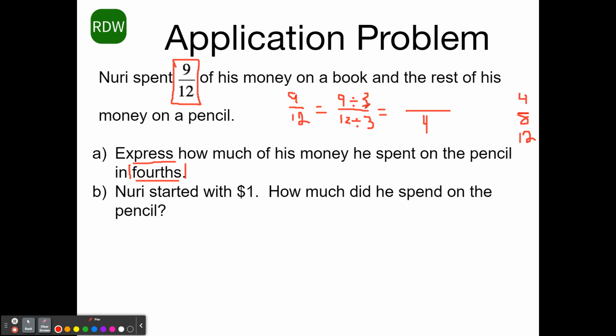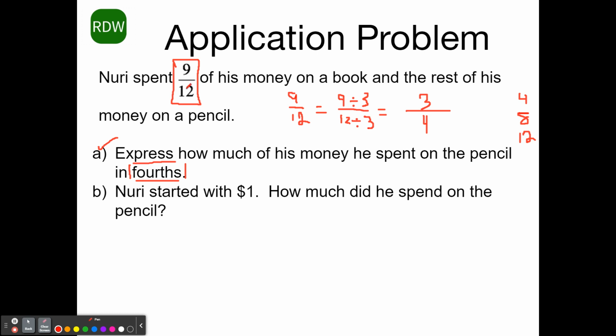Now I have to check my work. Is 3 a factor of 9? Indeed it is. 3 times 3 equals 9, which means 9 divided by 3 equals 3. Okay, so part A is done. I have expressed his money that he spent on the pencil.